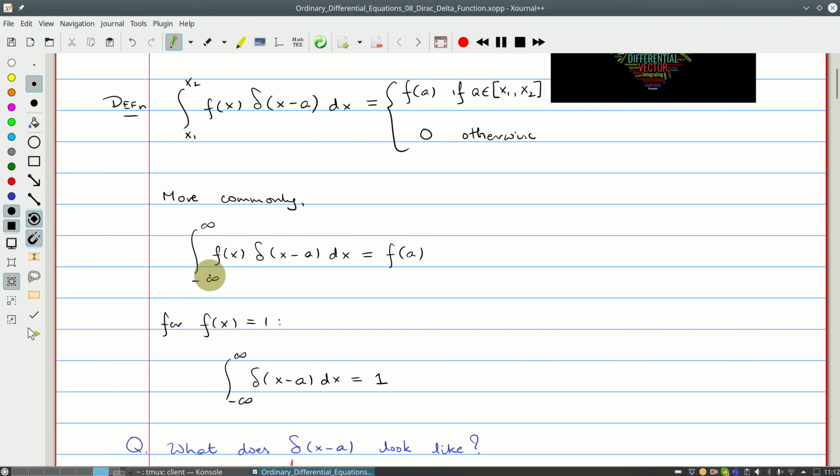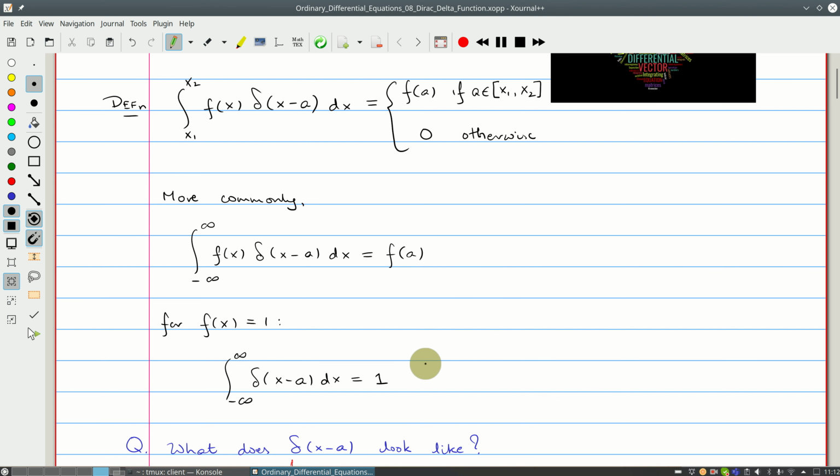The integral from minus infinity to infinity of f of x times the Dirac delta of x minus a is simply f of a. Now if f is equal to 1, the integral from minus infinity to infinity of the Dirac delta is 1. So it's a function which has a unit area under it.